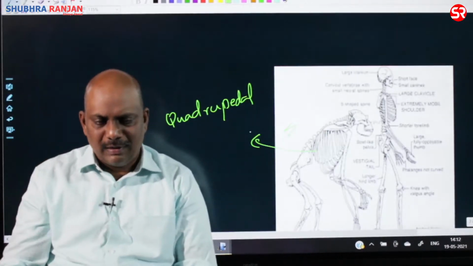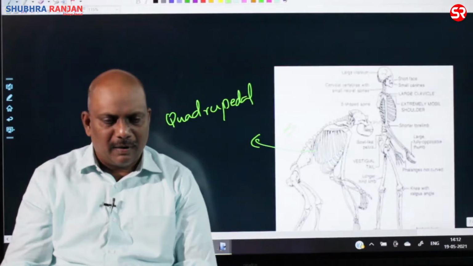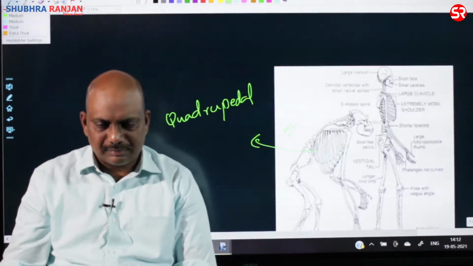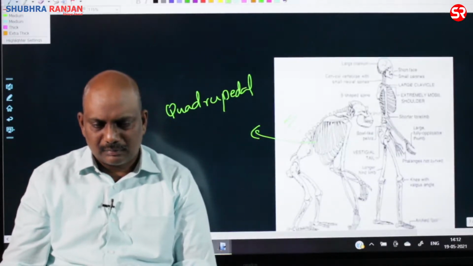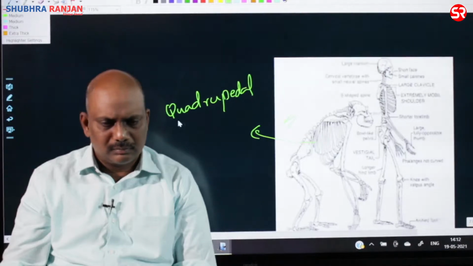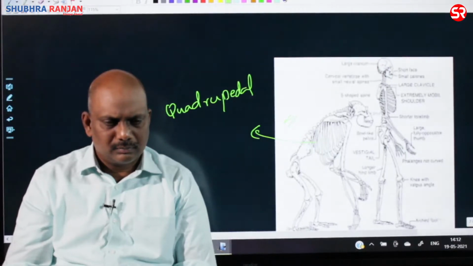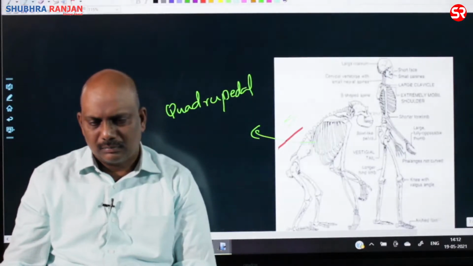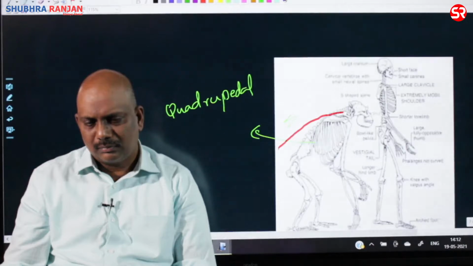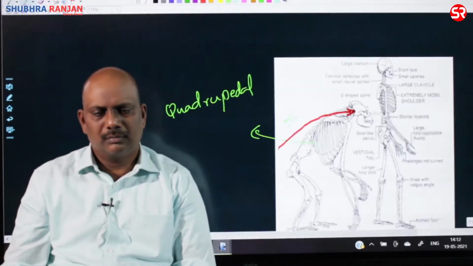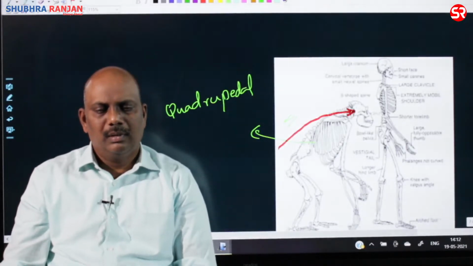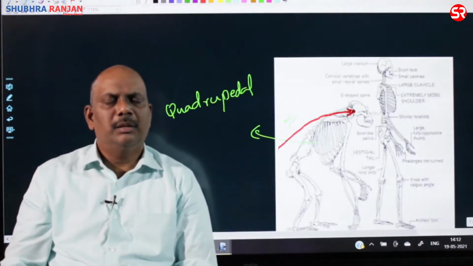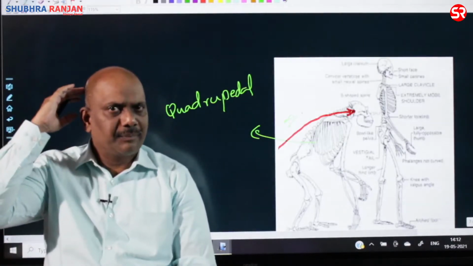So see here how the foramen magnum is attached. The foramen magnum is more posterior for them.